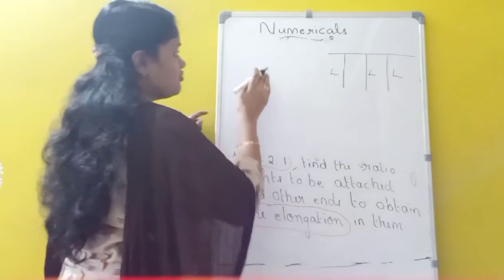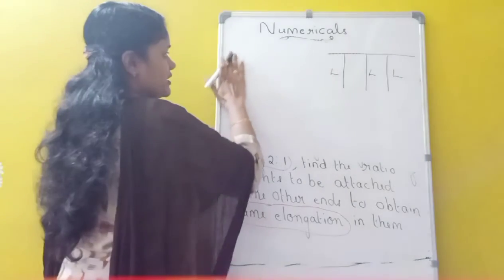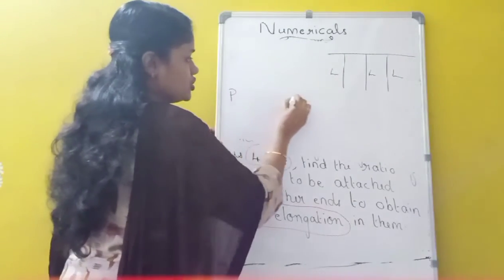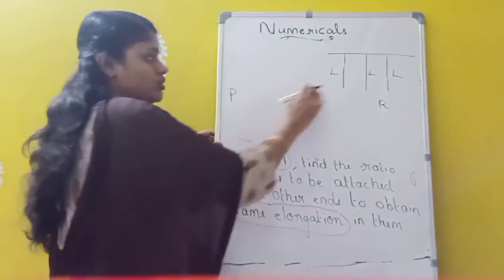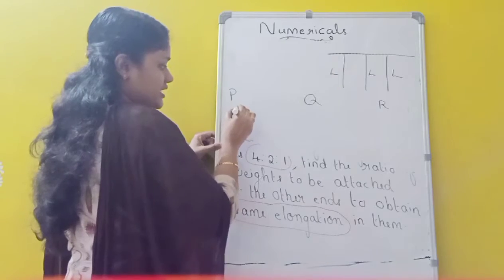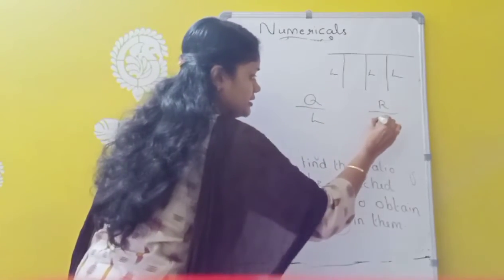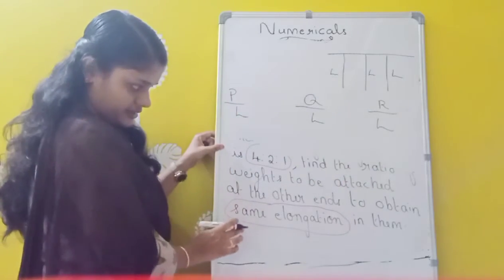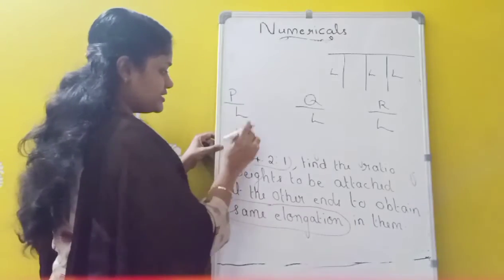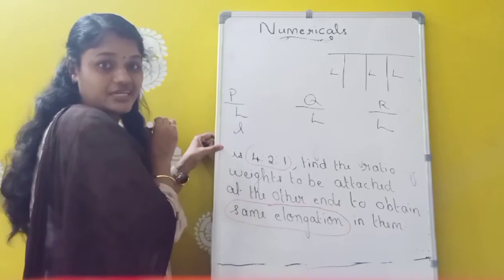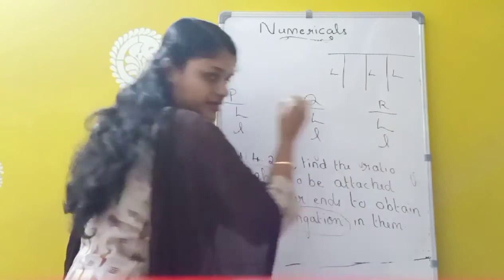I am naming these wires P, Q and R. P, Q and R are the 3 wires, and all these 3 wires have the same length. L is the length. Then it is given that all the 3 wires have the same elongation. Elongation means small l. So small l is taken as the elongation of the wire. So small l is also the same in all three.